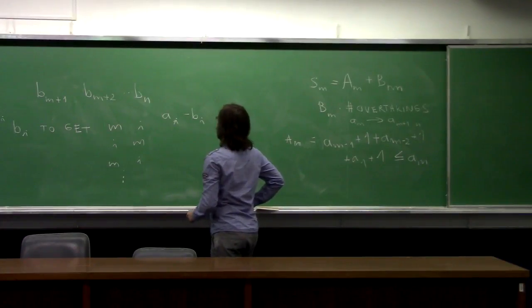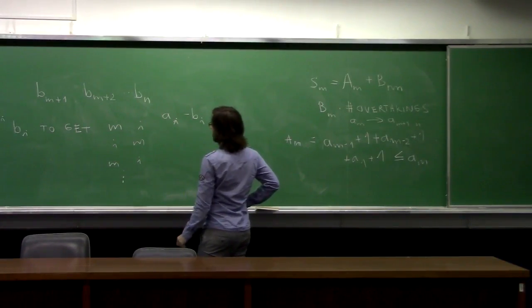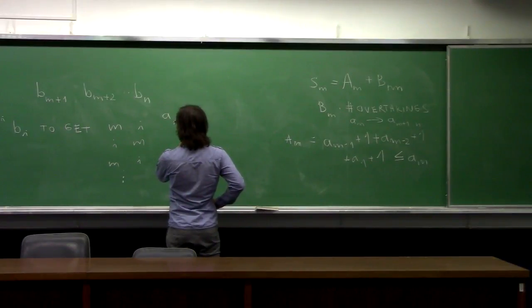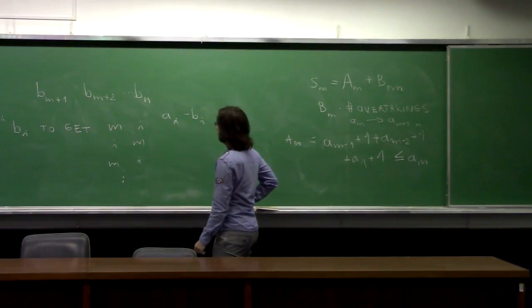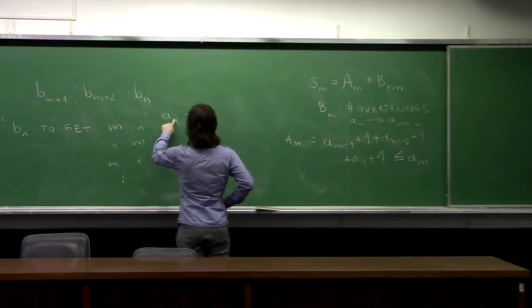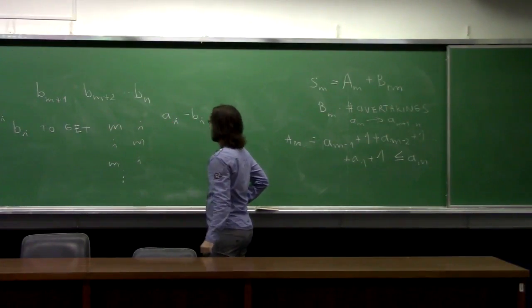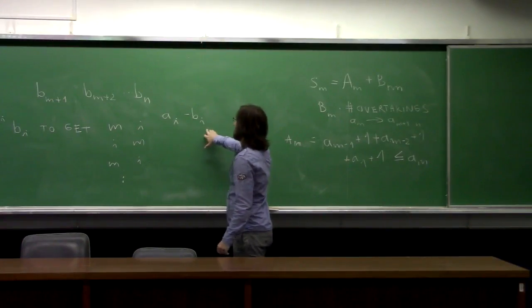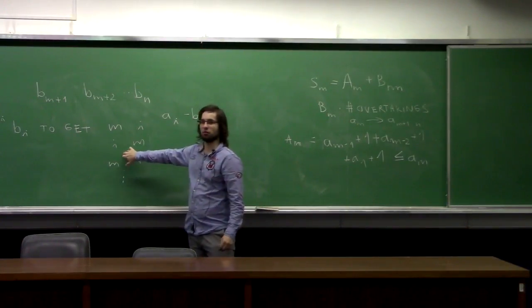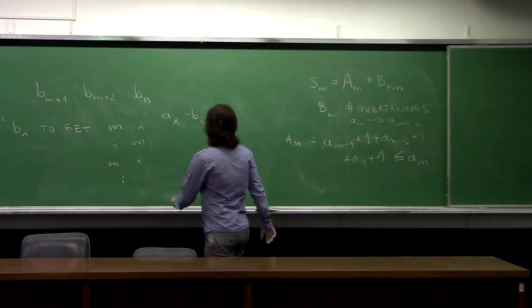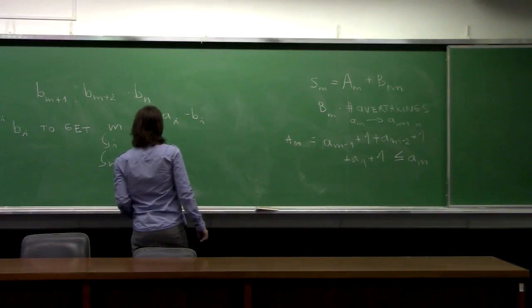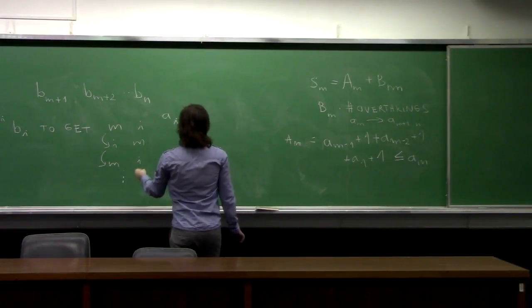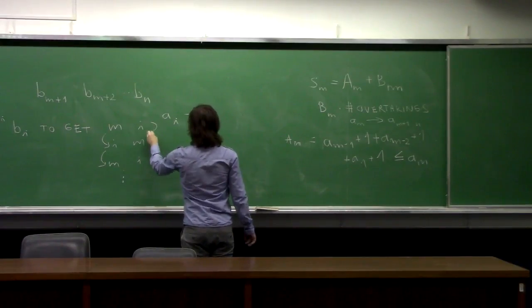If we have this situation and there are AI minus BI overtakings left, which we can use for car I, then we can do this thing exactly AI minus BI times.